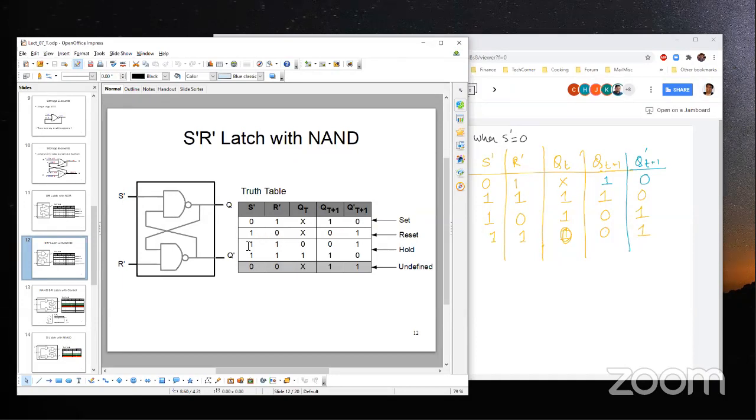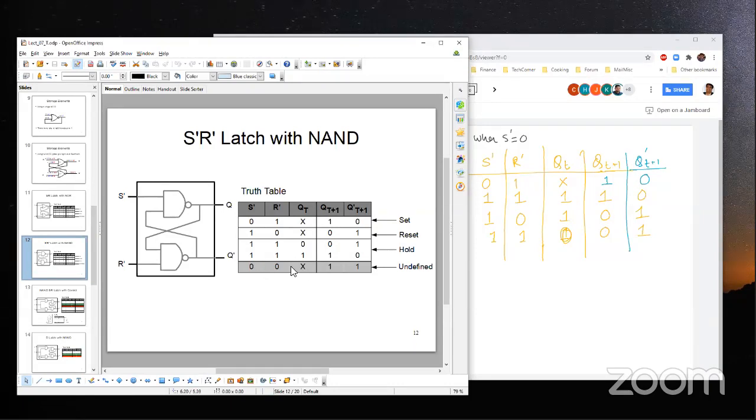And if you keep 1, 1 at SBar and RBar, it holds: if the current logic at the Q terminal is 0, it will hold that value, and if it is 1, it will stay at 1.